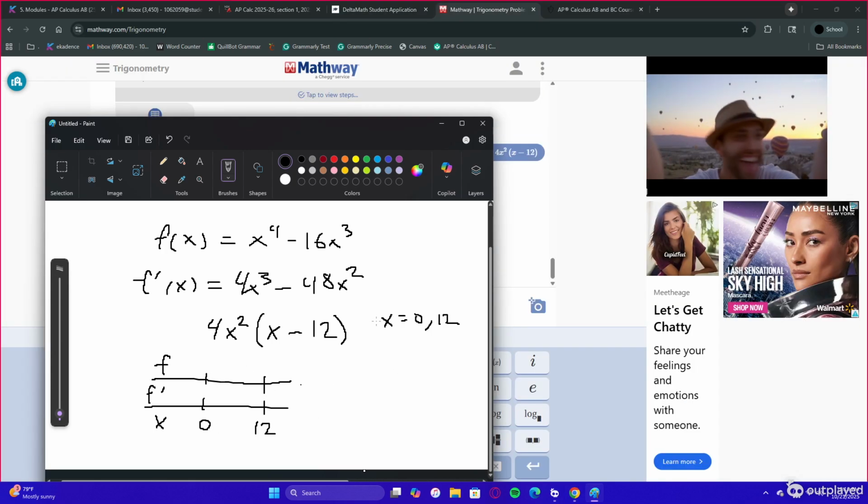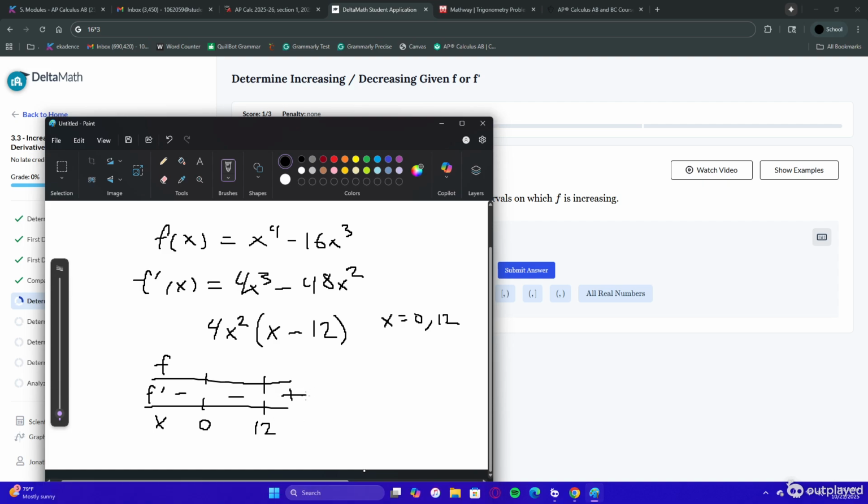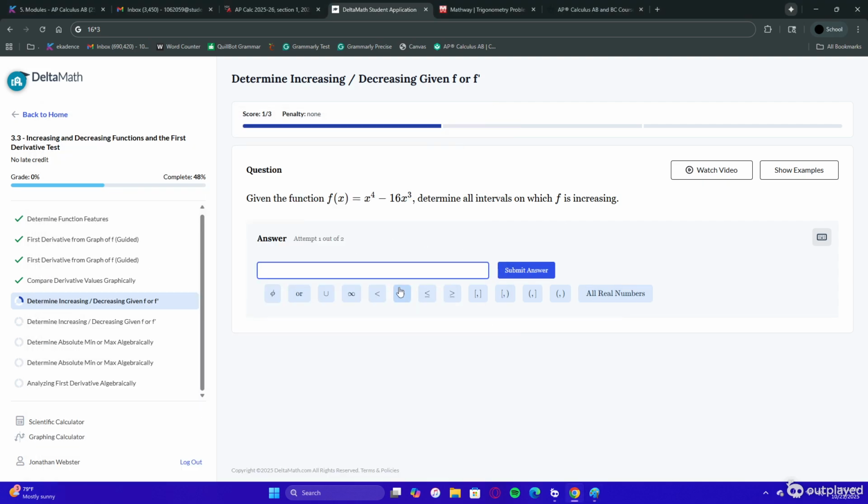If you plug in a value less than 0, you'd get a negative. Between 0 and 12, it's also negative. And from 12 onward, it's positive, which means it's increasing. So from negative infinity to 12 is decreasing, and from 12 to infinity is increasing. f is increasing, which is what we're looking for.